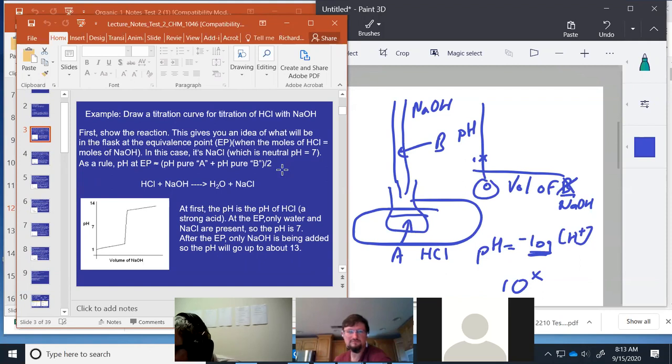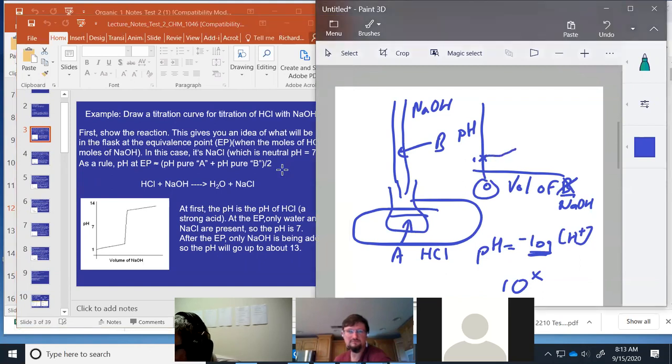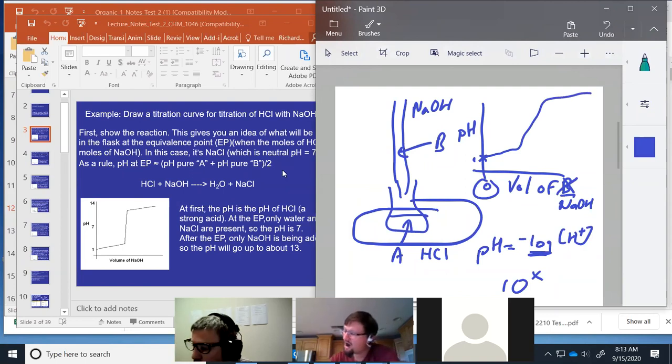Sorry, let me make that a little bit bigger. There we go. It goes up a bit, and then it jumps, and then it sort of plateaus again after that. So this jump is kind of an interesting thing that happens. The ending pH is going to be 14, which is going to match whatever the sodium hydroxide is.